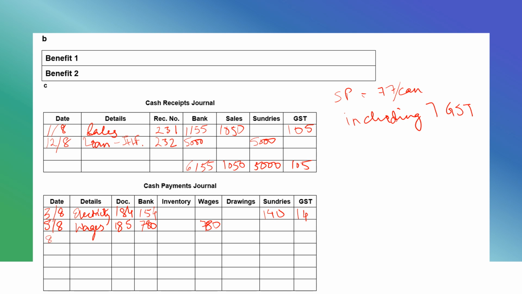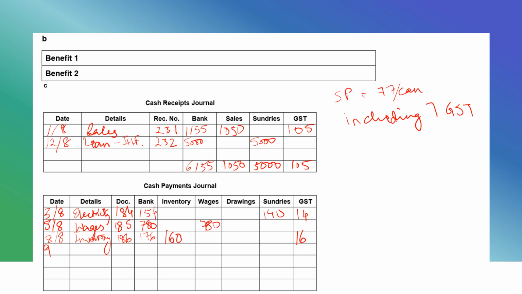Then you've got the 8th, where you have the check 186. This one's for inventory. You've got 176. Remember, it's 4 cans of paint for 44 inclusive of GST. So 160 and 16. We'll split it up.